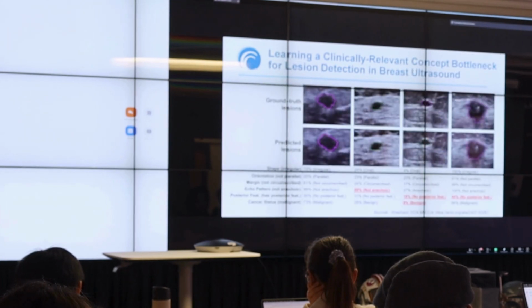And here's just an example of how her algorithm predicts the lesion with a delineation and predicts the lexicon values down below, and successfully provides a malignant or benign diagnosis.